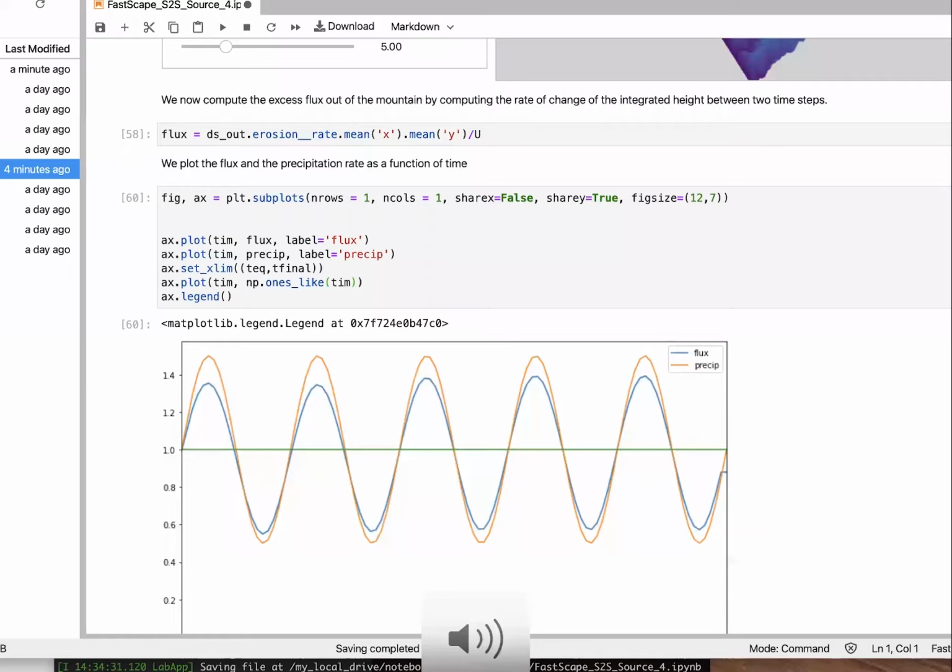With more precipitation, I should get more flux, but I don't get as much more. Then I get less. This here is relatively smaller than this compared to that. See, this sine wave, the blue one, has deeper negatives than positive mountains.